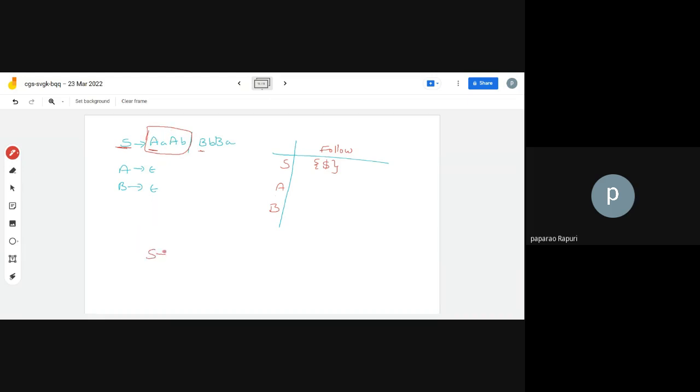For example, S derives A B, so this is alpha, B, and X. A is in the format of alpha B X. Where is alpha here? Here alpha means epsilon. It is in the format of alpha B X, and X is not producing epsilon.